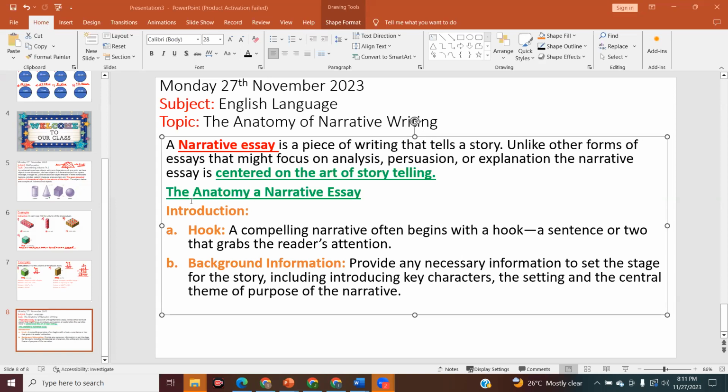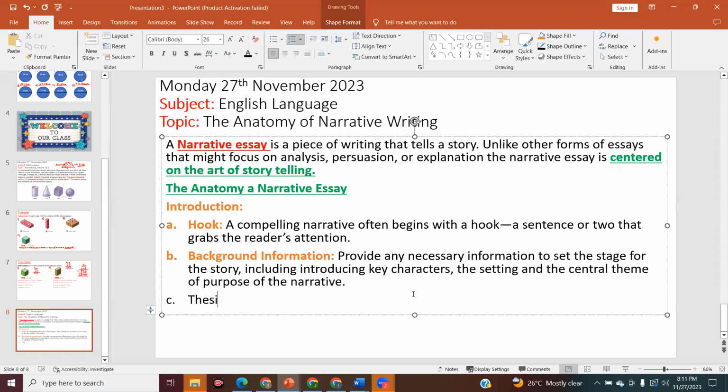Now, after you already give them the hook and the background information, you might want to include a thesis statement. Now, the thesis statement, especially for narrative essays, is optional. The reason is because not every narrative essay has a thesis statement, because the thesis statement usually is you stating your position and giving 3 reasons why you agree or disagree.